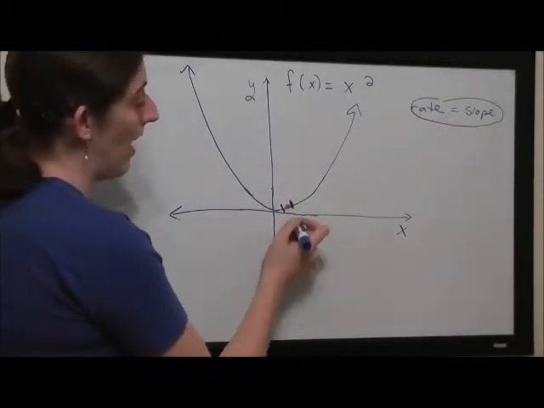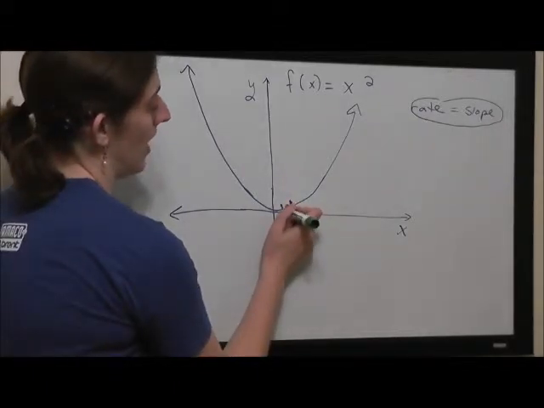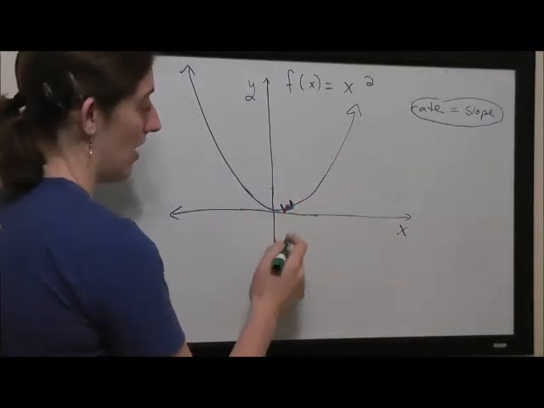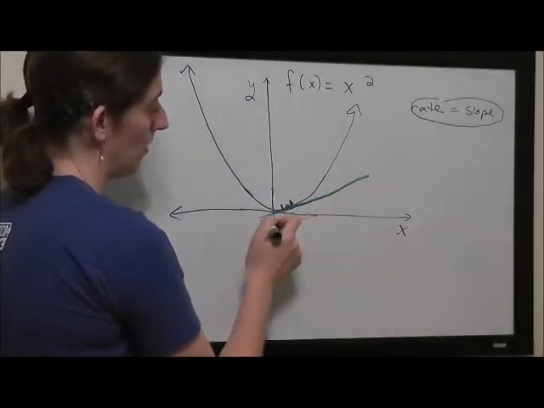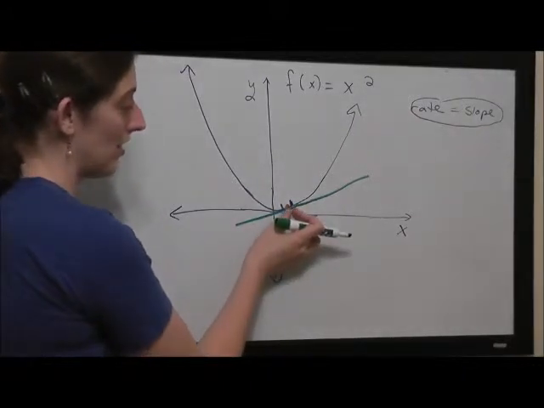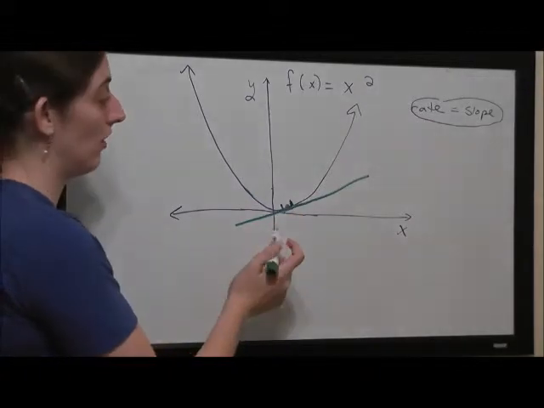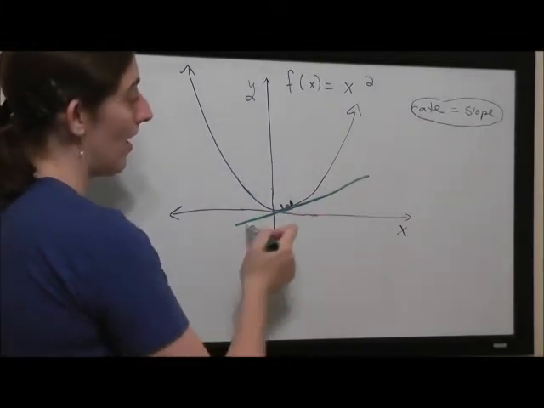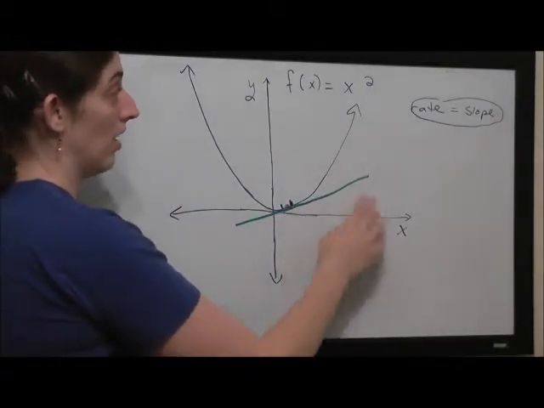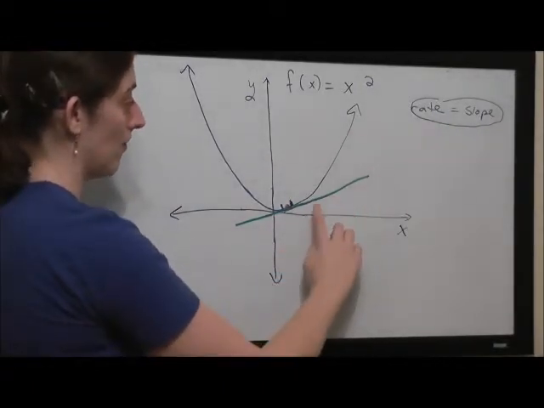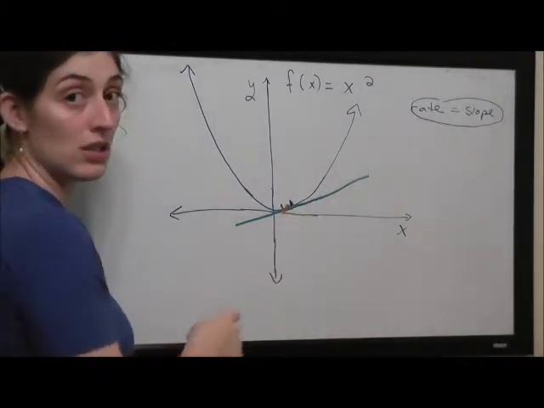So if you can imagine this line that goes right next to the curve, and now I'm going to extend it out, what we would see is that right there next to the curve, their slopes are almost identical. And so this green line is actually a really good estimate of what a line with the same slope as that point is going to have.